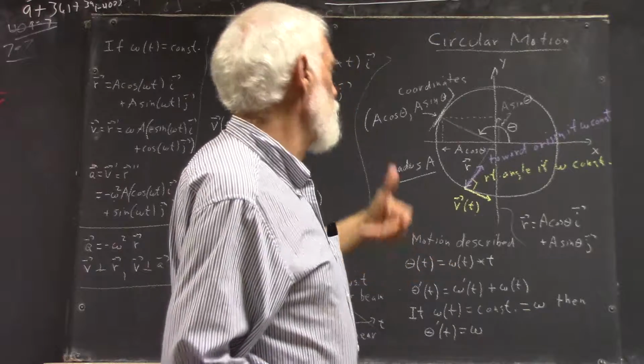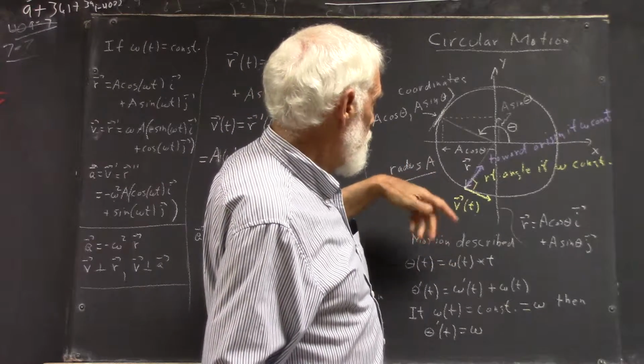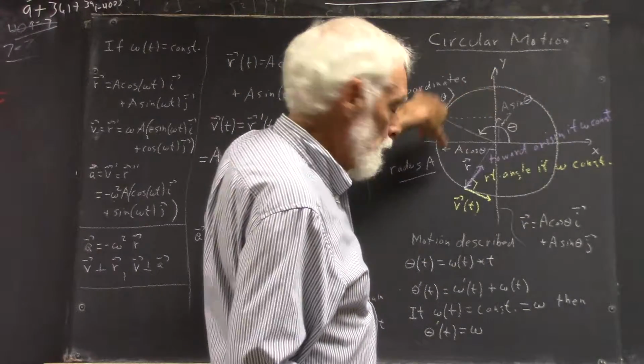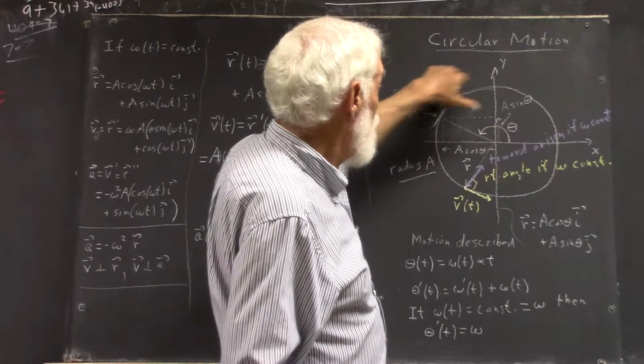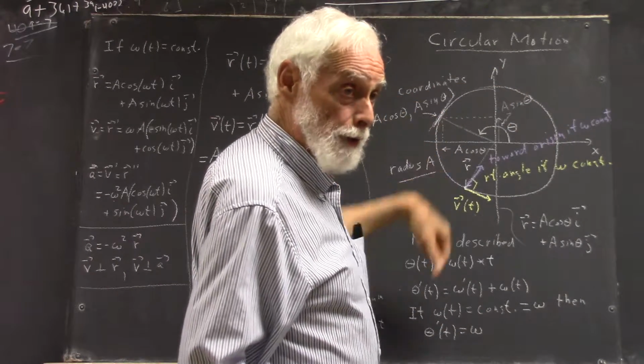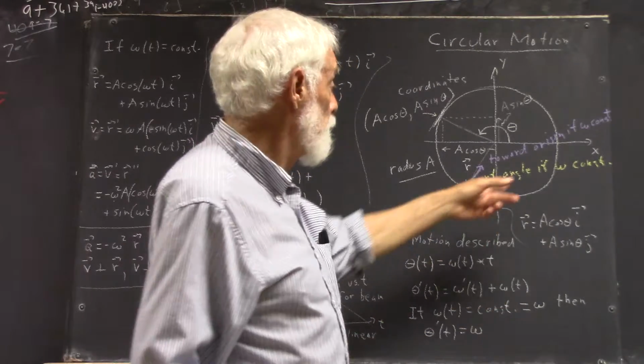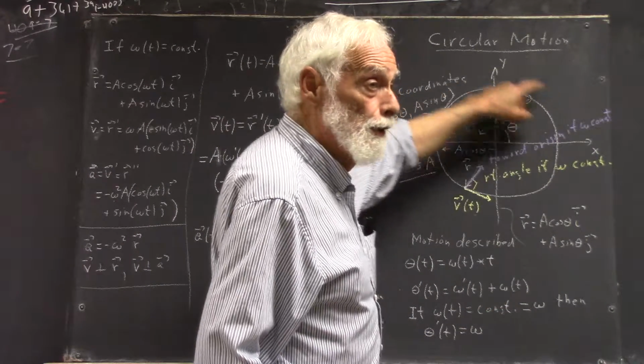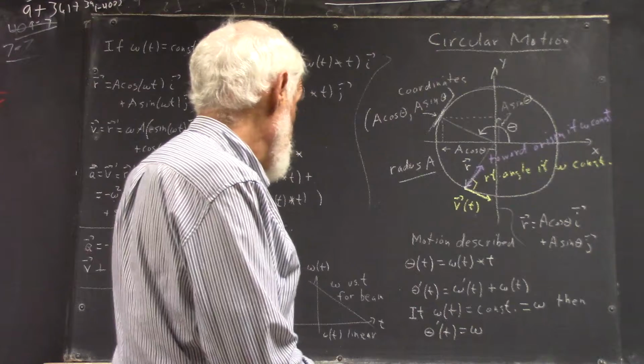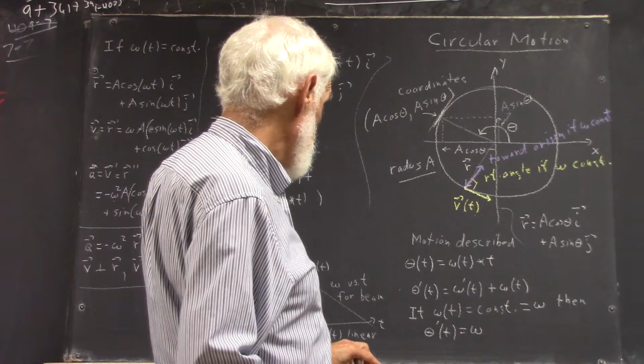And my digression caused me to forget what I said before. But again, it's your model for motion around a circle with constant angular velocity. Now, if omega was negative, you'd be moving this way. If omega is positive, you move this way. And of course, you want to be able to verify that in terms of these functions.